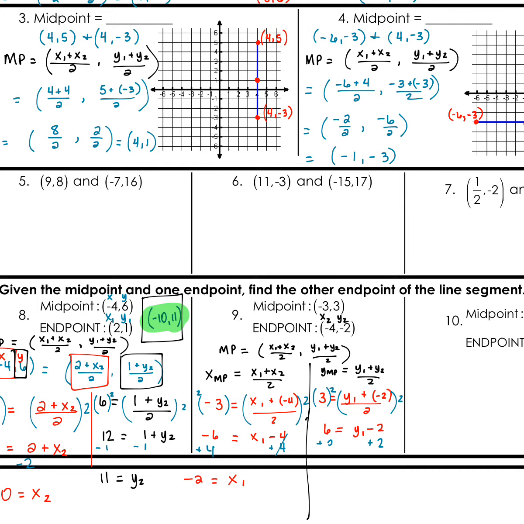Add 2 to both sides. So we get 8 equals y1. So our point here is -2, +8.